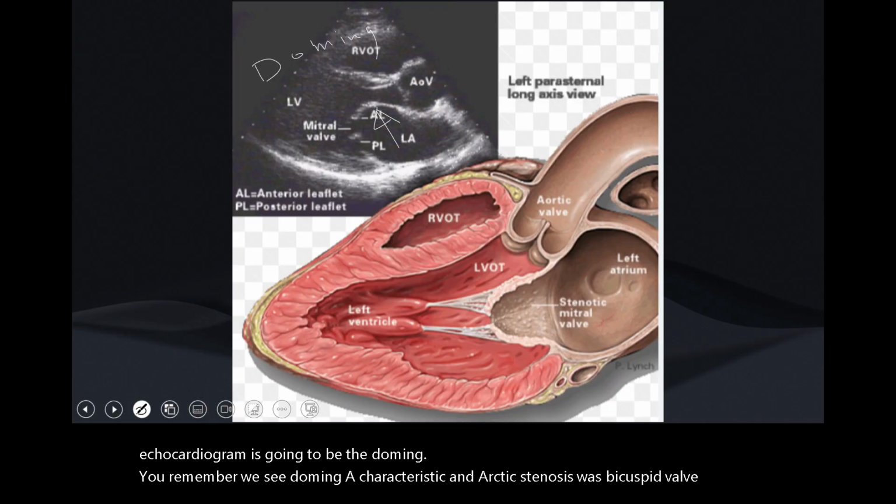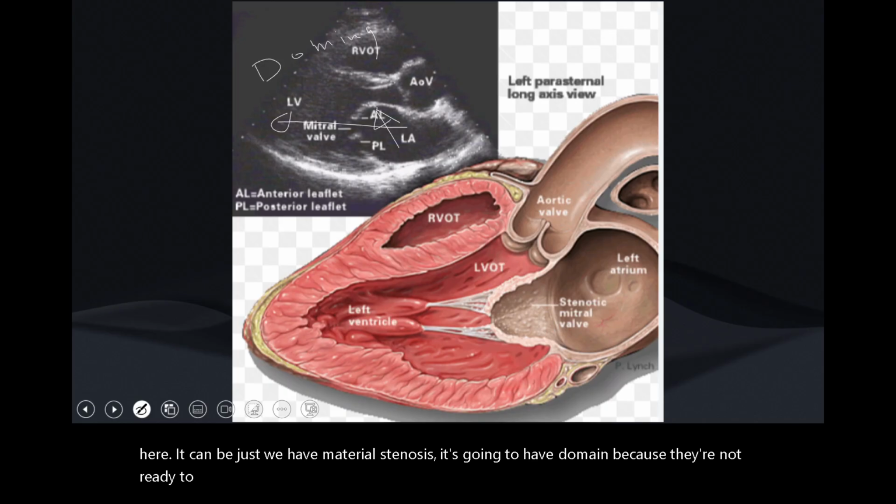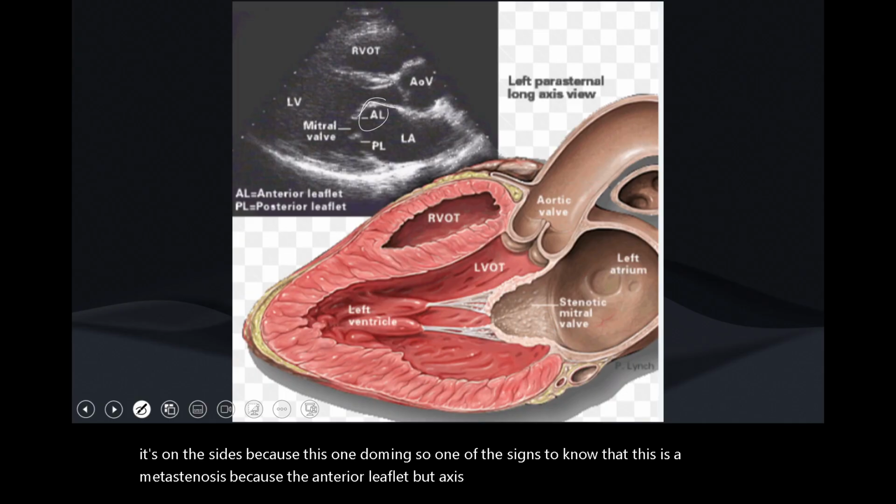Here with mitral stenosis, it's going to have doming because the blood tries to go through the valve and doesn't find enough space, so it keeps pushing on the sides. We call this doming. So one of the signs that this is mitral stenosis is the anterior leaflet, in the parasternal long axis view, giving doming.